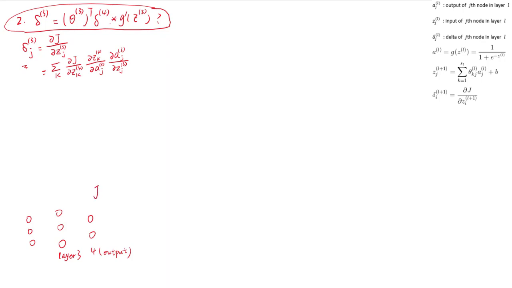So let's say we have a cost here. Then for each j in layer 3, for example this one, we can write it as z3j, where j equals 1 in this case. During forward propagation, it contributes to both this node and this node. So when we do backpropagation, we also need to consider both of them. That's why we have the summation over k here.